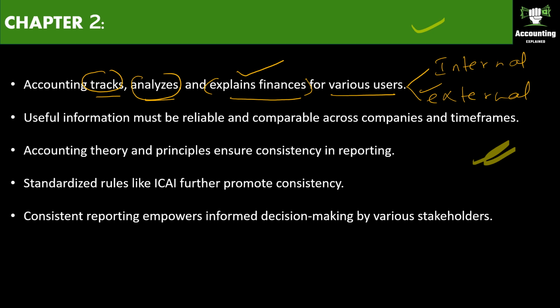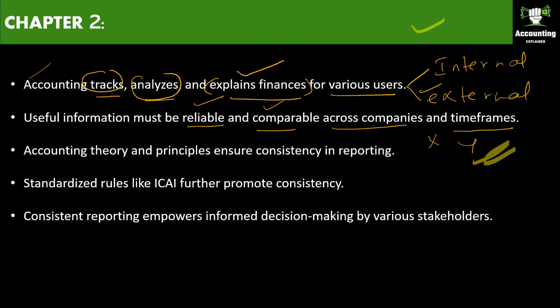Useful information must be reliable and comparable across companies and time frames. So the information which we got from the first point should be reliable and it should be comparable. It should be easier for us to compare across companies. Across companies means, for example, X is one car manufacturing company and Y is another car manufacturing company.